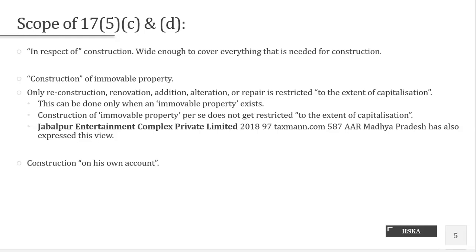Now, the purpose of bifurcating this into various legs was to understand what exactly is covered when they use the term in respect of. I feel when they use the term in respect of, it should cover everything which is essential for a fully functional building.